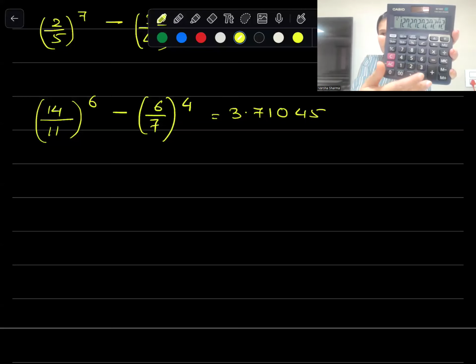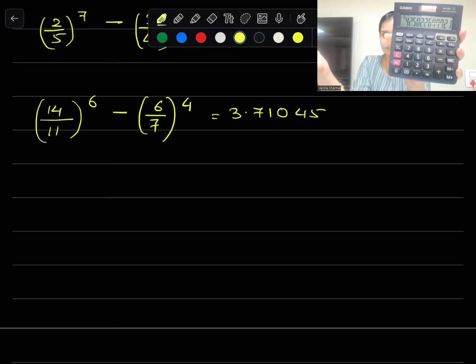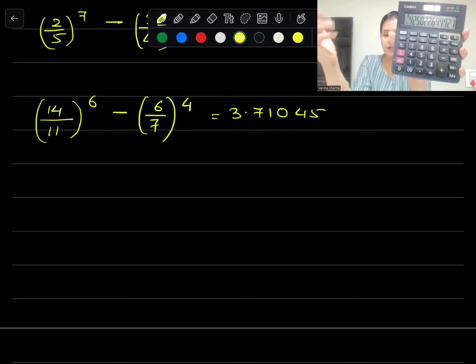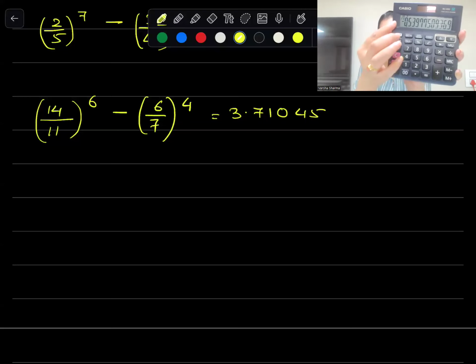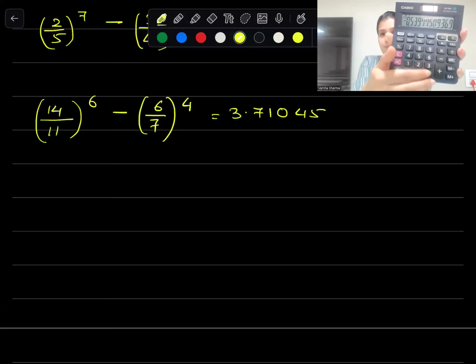Multiply it 6 times, 2, 3, 4, 5, 6. Yes? Now, what is the sign before this number? Plus. Press plus. Recall from the memory. See, there is a negative sign here. And press equal. Does your answer match?